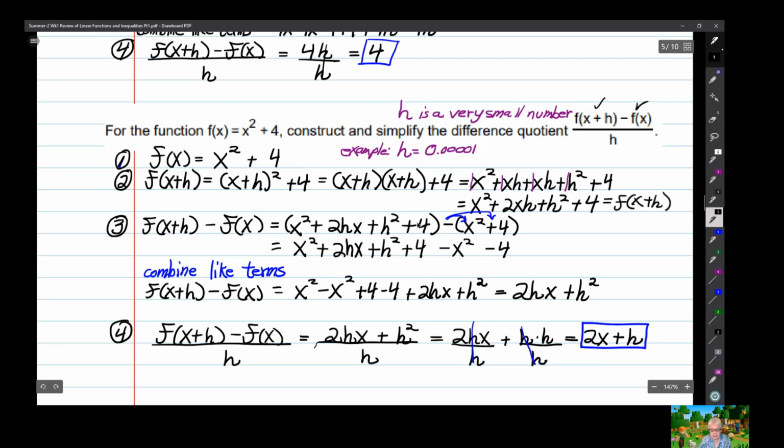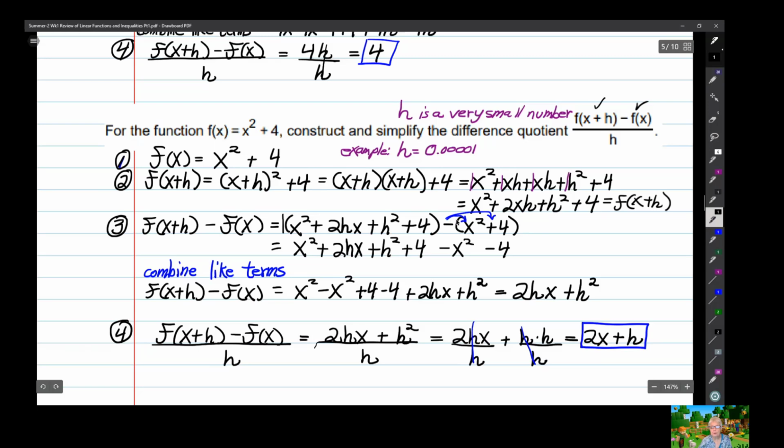So f of x plus h minus f of x. With an understood 1 in front of the parentheses, the 1 times x squared plus 2hx plus h squared plus 4 just gives me x squared plus 2hx plus h squared plus 4.